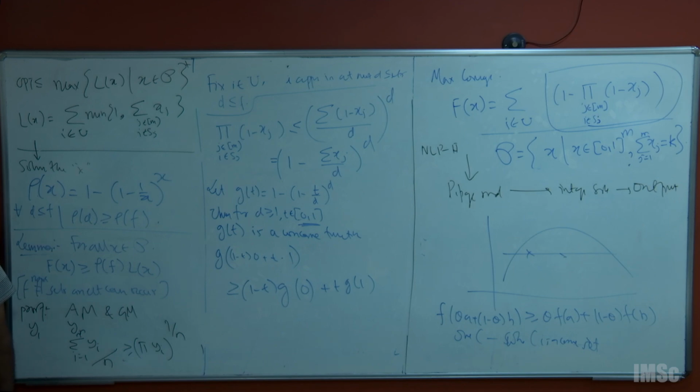Are we assuming the summation of xj is between 0 and 1? It can be more than 1 also, right? Maybe you're right.